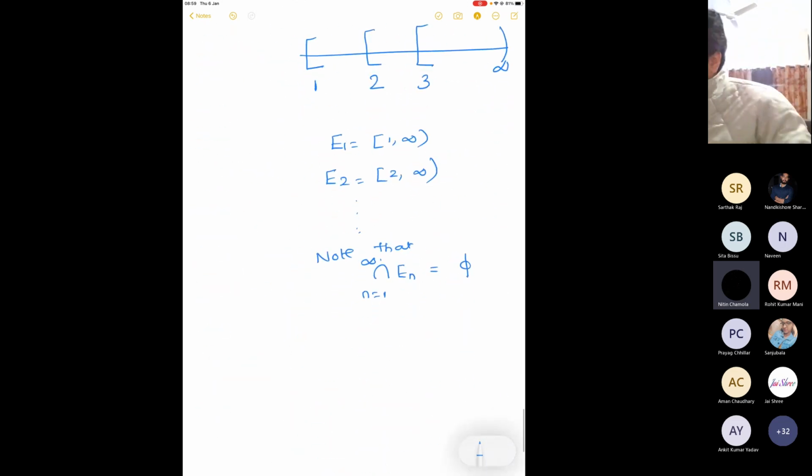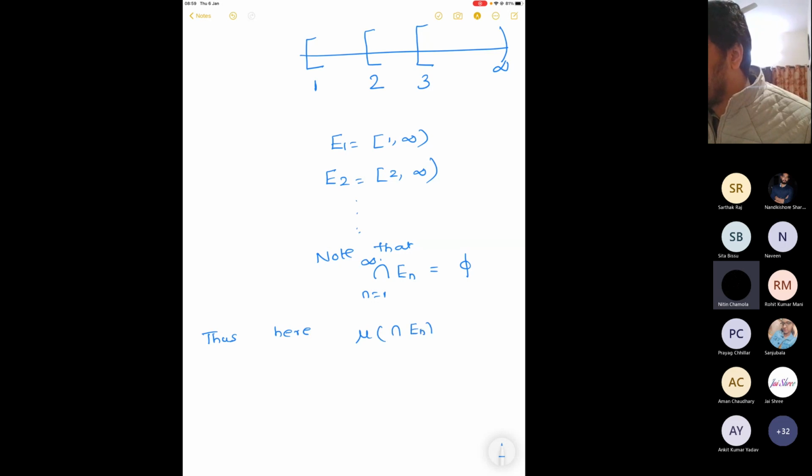Okay, let me write that. Thus here, mu of intersection En is equal to 0 and limit n tending to infinity of mu of En is equal to infinity.